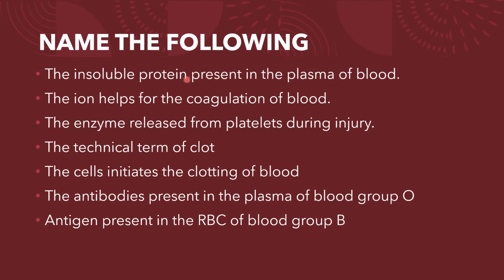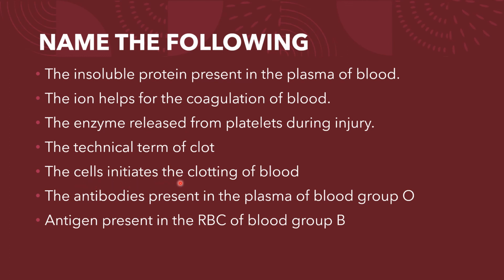Name the following. First one, the insoluble protein present in the plasma of blood, which is fibrin. The ion that helps coagulation of blood. Which ion? Calcium ion. The enzyme released from platelets during injury, that is thrombokinase. The technical term of clot, that is thrombus.